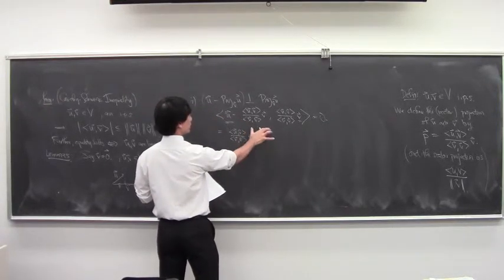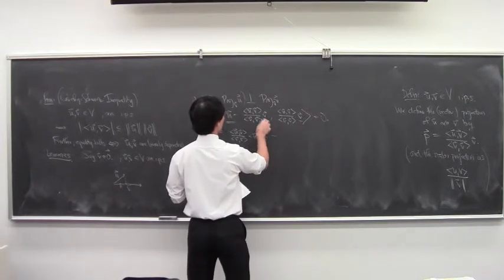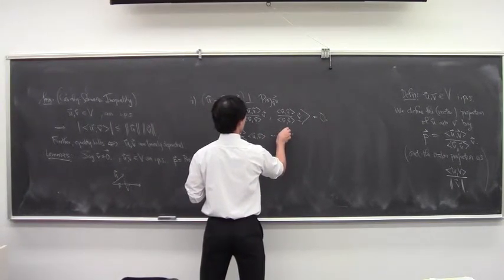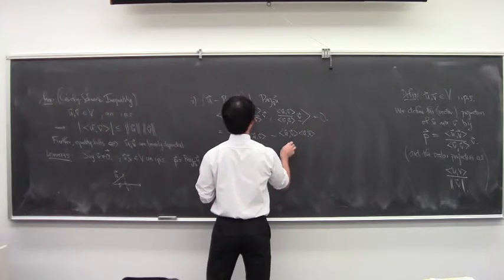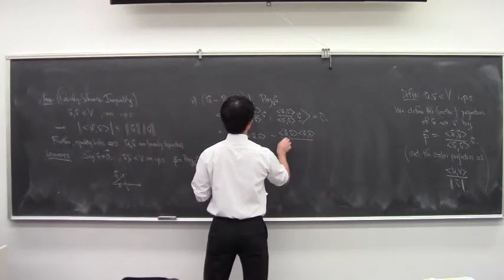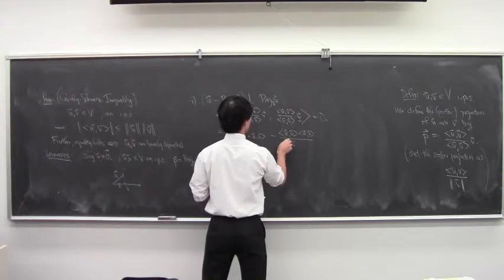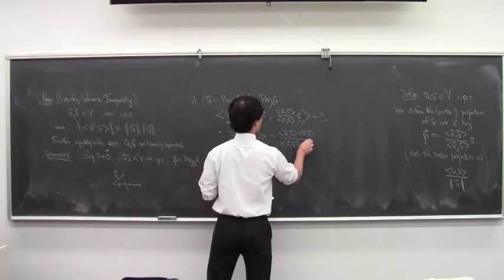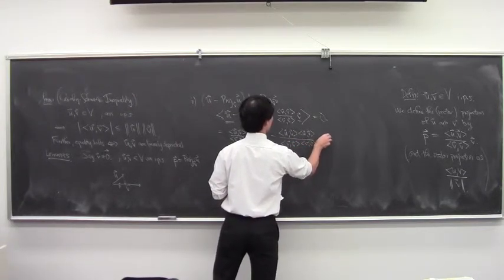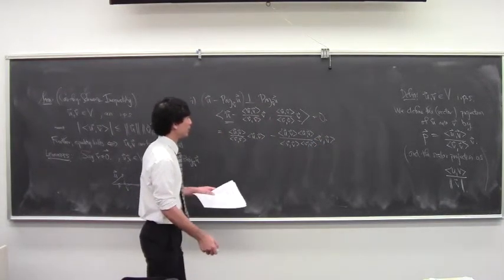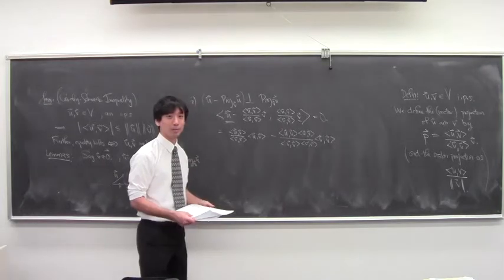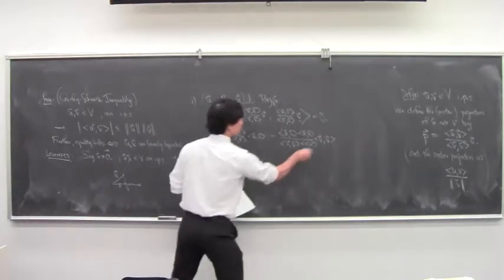And then minus UV over VV times UV. And so you get something minus itself is 0. These things cancel.